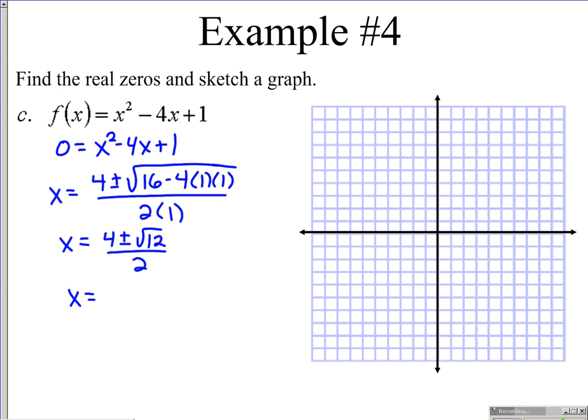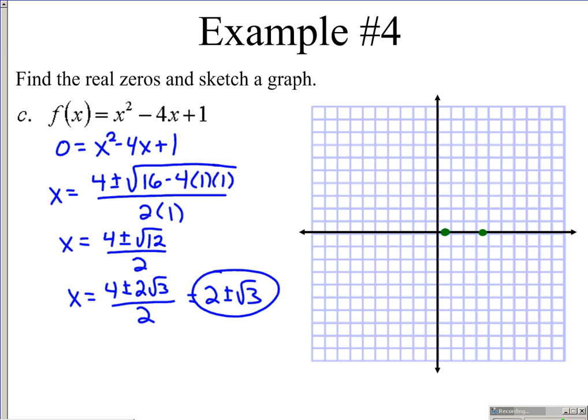Root 12 is 2 root 3. Take a 2 out of everything, we end up with 2 plus or minus root 3. Plug that into your calculator. 2 plus root 3 is between 3 and 4. 2 minus root 3 is between 0 and 1.